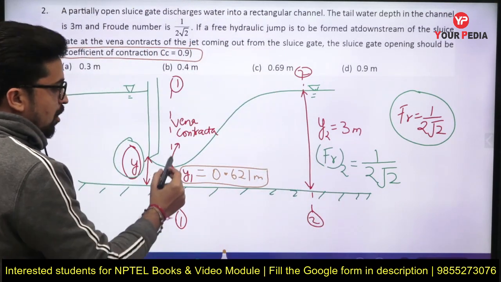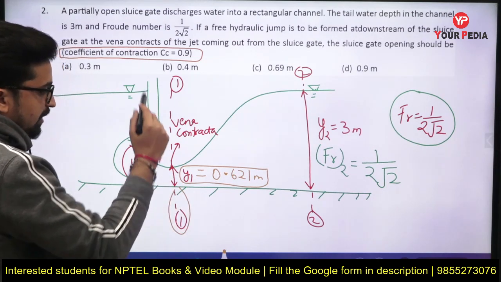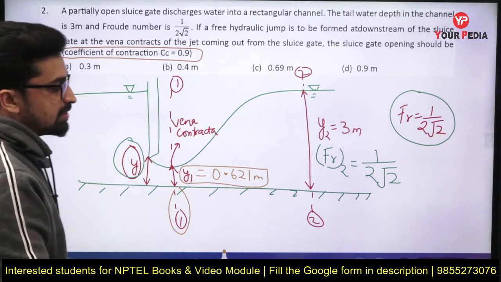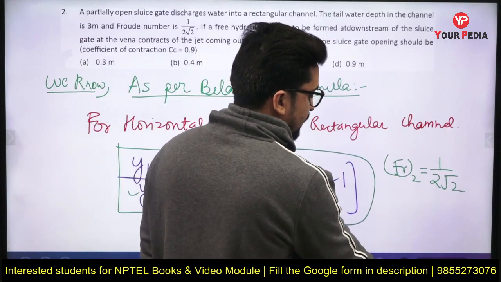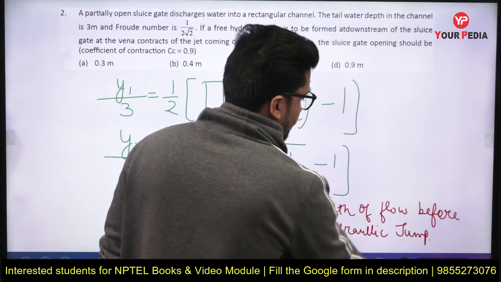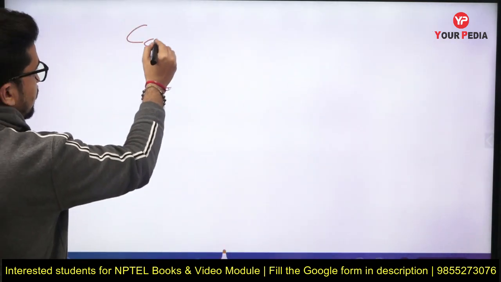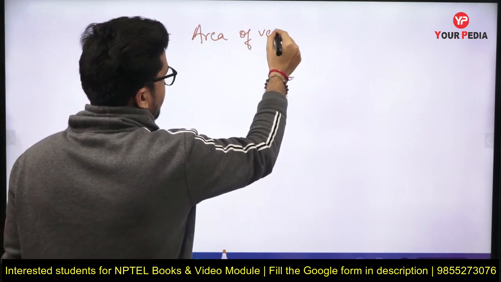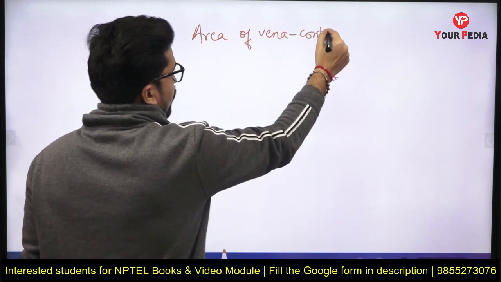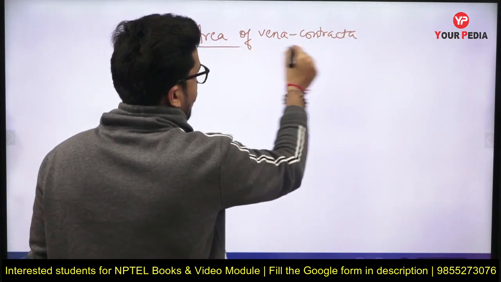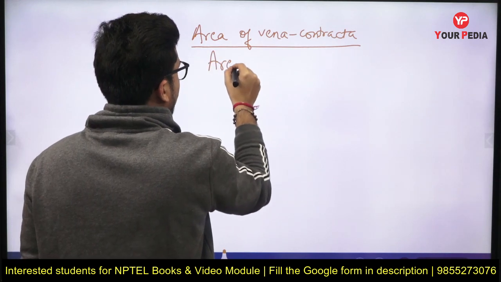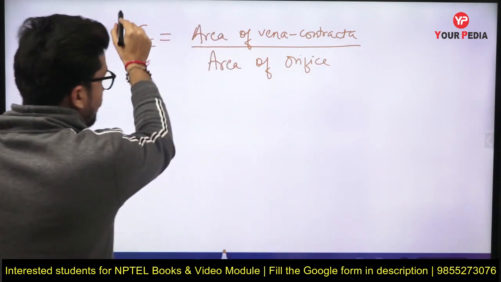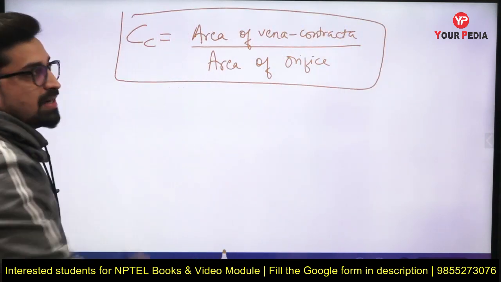The area of vena contracta is the area at section 1 and the area of orifice is the area below the sluice gate. So let us derive a relation for that. Cc is equal to area of vena contracta upon area of orifice.